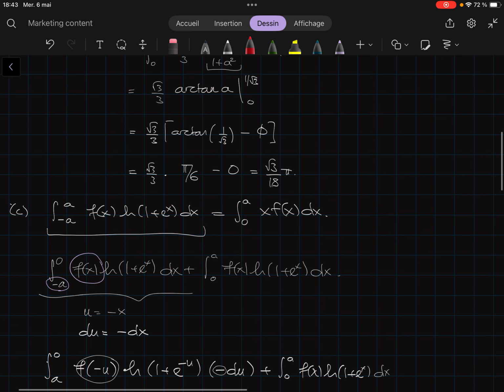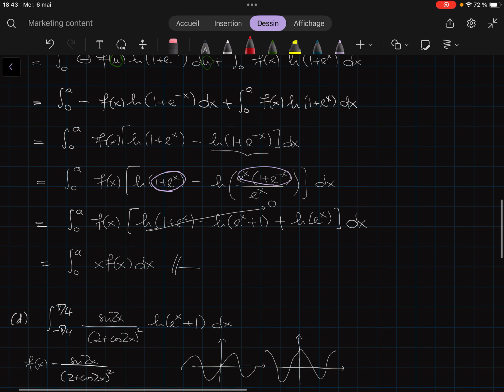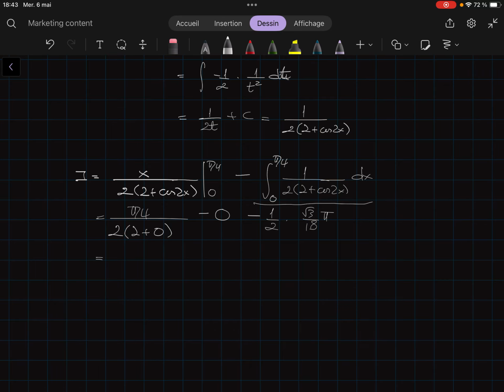So what we are going to do is take this value and bring it down here, after factoring out the 1 by 2, of course. And thus your final answer is, and this concludes the question.